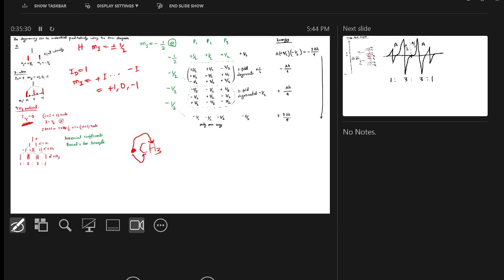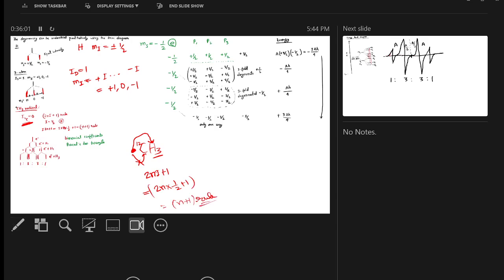With carbon 12 no interaction, but with hydrogen it can interact. How? We can calculate this using the equation 2nI plus 1. Here n is the number of atoms. Where I is 1 by 2 for hydrogen, it becomes the n plus 1 rule.